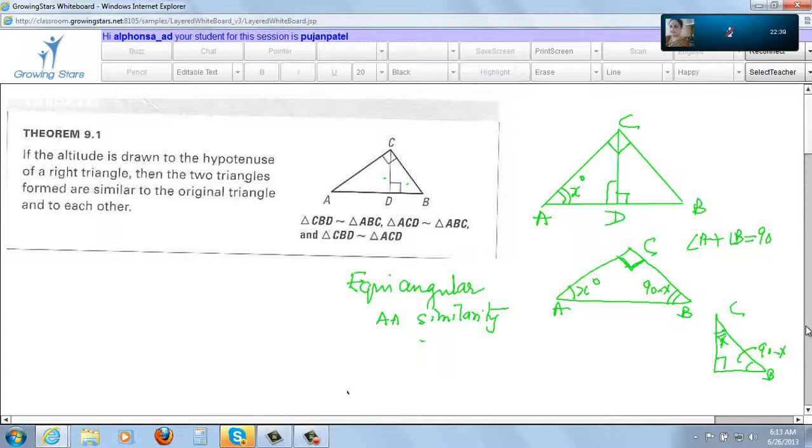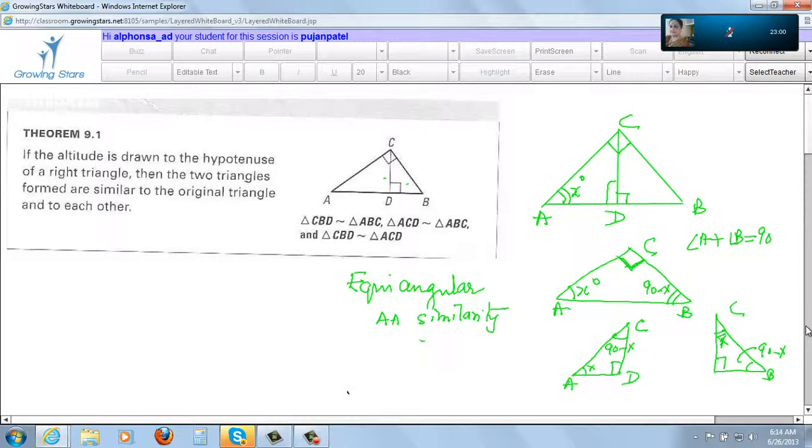Then let's take the third triangle, CDA. We have 90 here and x here, so we'll have 90 minus x here. Now look at the three triangles.